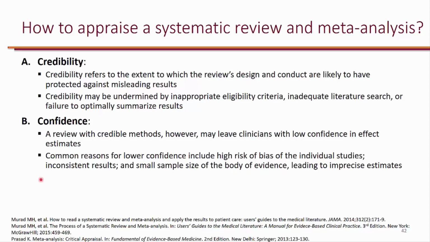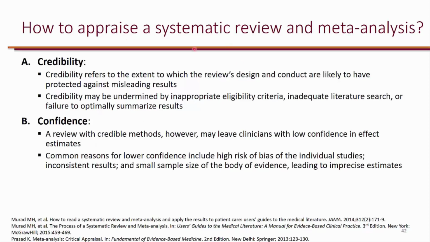Now, for the confidence, a review with credible methods may leave clinicians with low confidence in effect estimate. Common reasons for lower confidence include high risk of bias of the individual studies, inconsistent results, and small sample size of the body of evidence, leading to imprecise estimate.